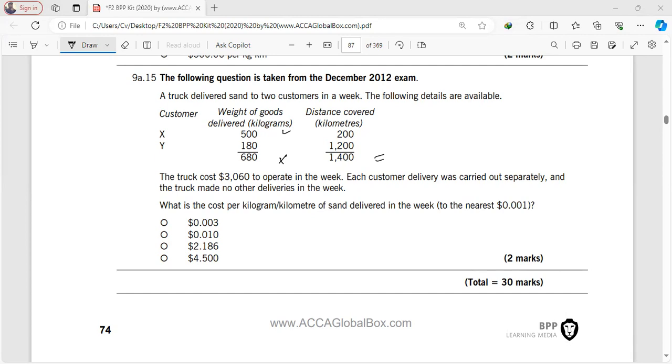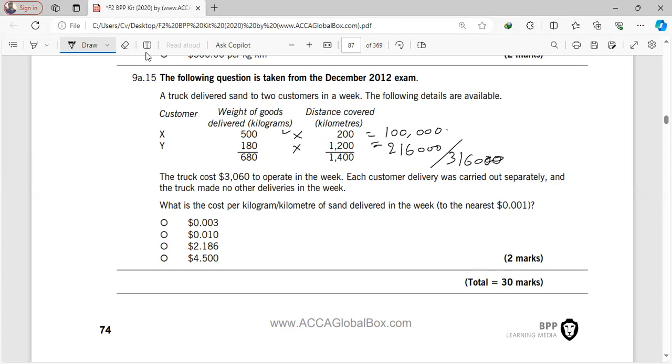If we multiply 500 into 200, the answer is 100,000. And we will multiply 180 with 1200 separately, because these values are different. It is 216,000. So the sum is 316,000.